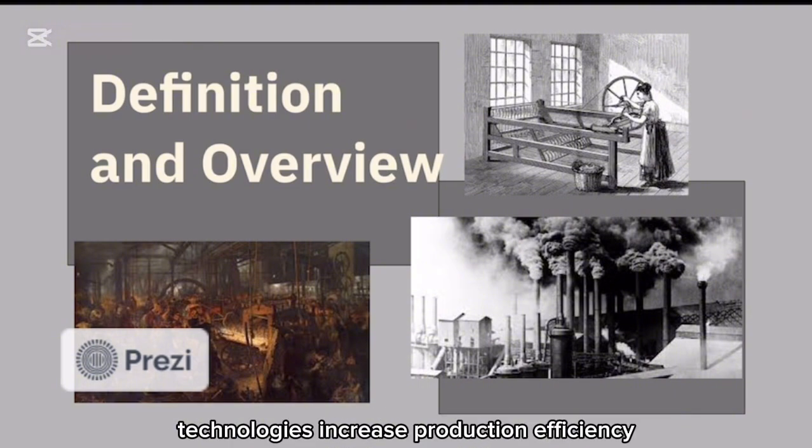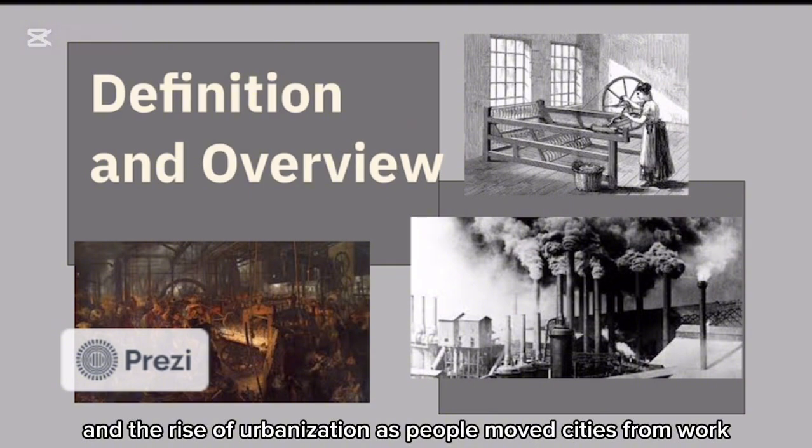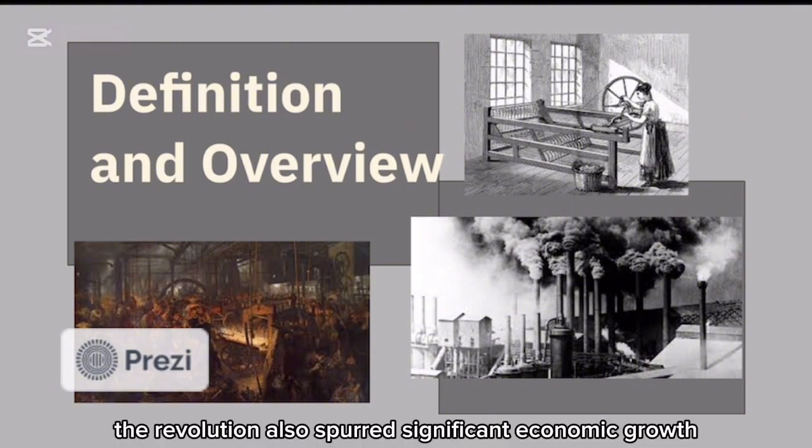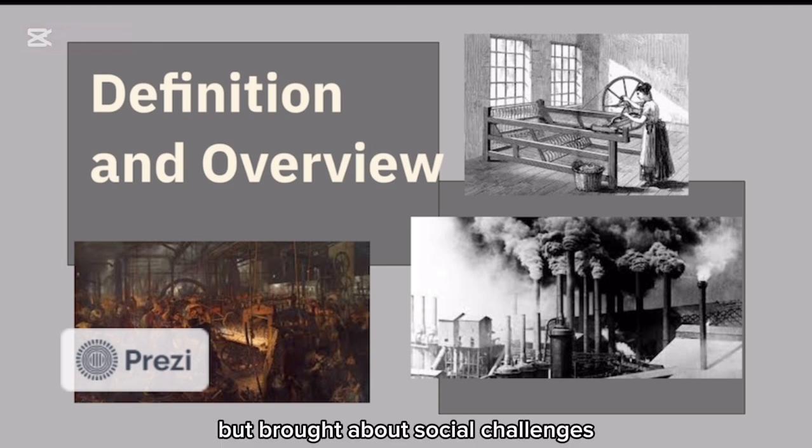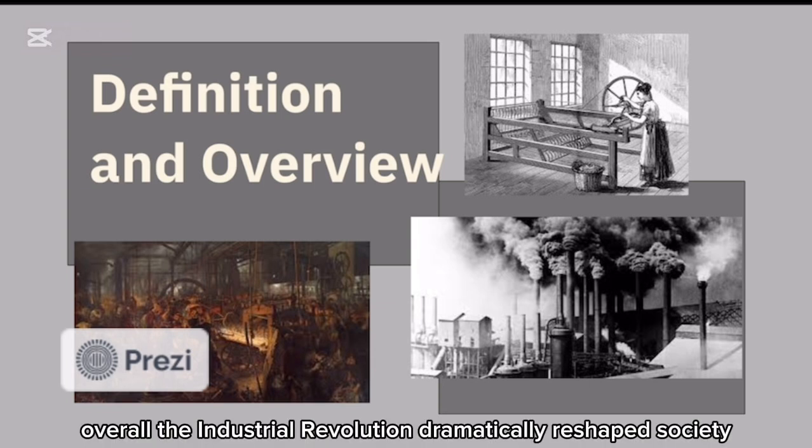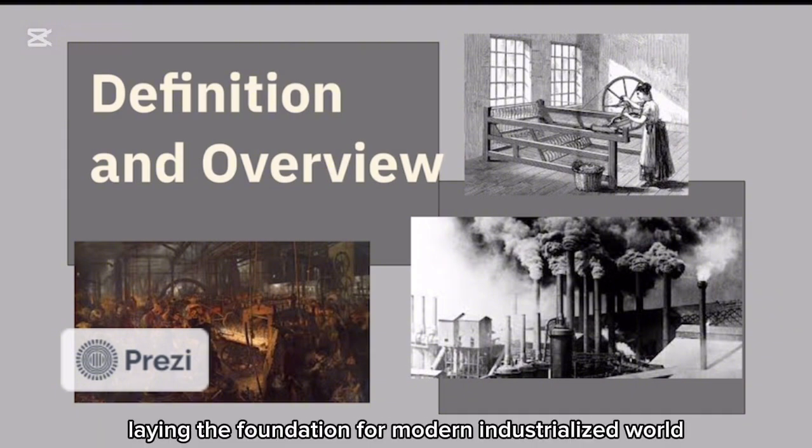These technologies increased production efficiency, leading to the growth of factories, the expansion of transportation networks like railroads and steamships, and the rise of urbanization as people moved to cities for work. The revolution also spurred significant economic growth, but brought about social challenges, including harsh working conditions, child labor, and environmental pollution. Overall, the Industrial Revolution dramatically reshaped society, laying the foundation for a modern industrialized world.